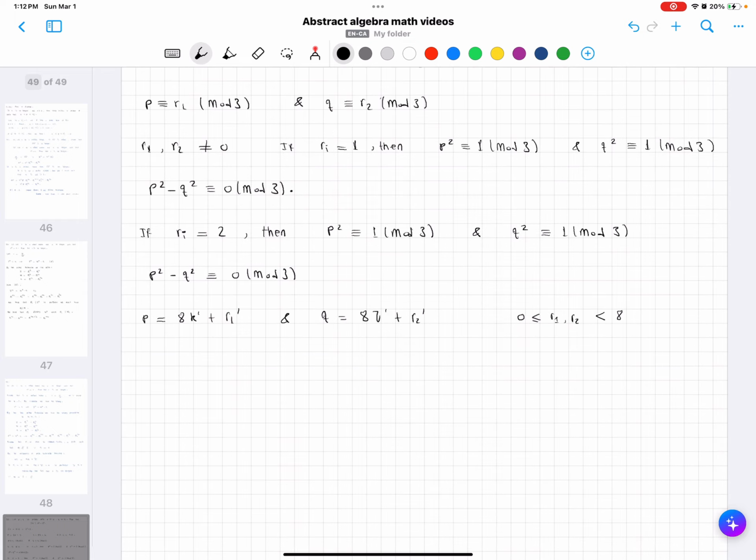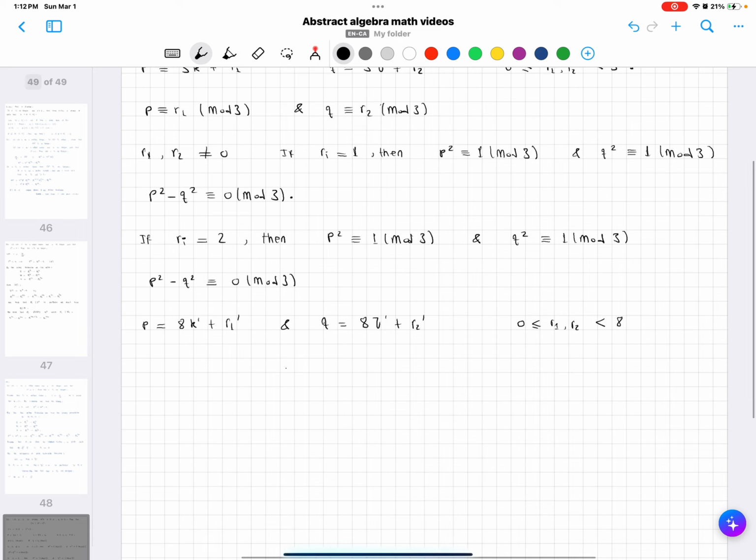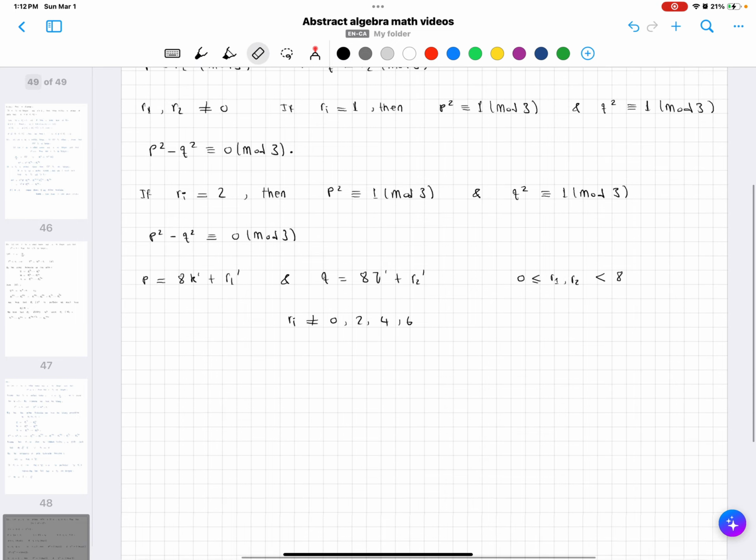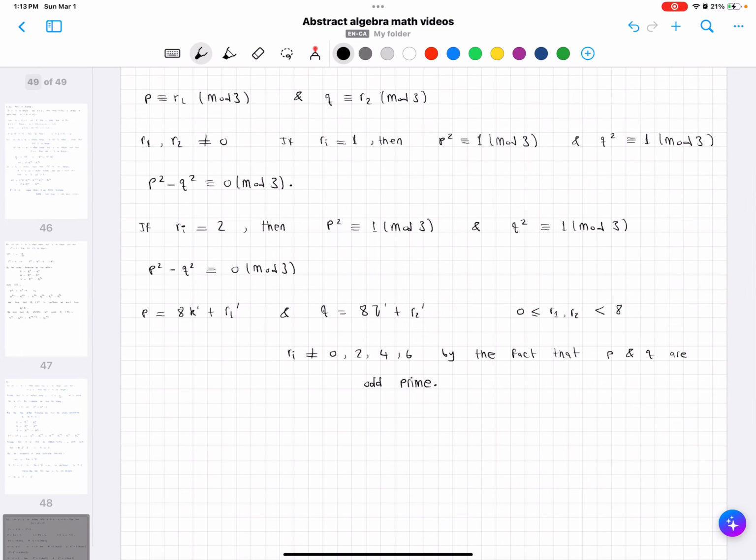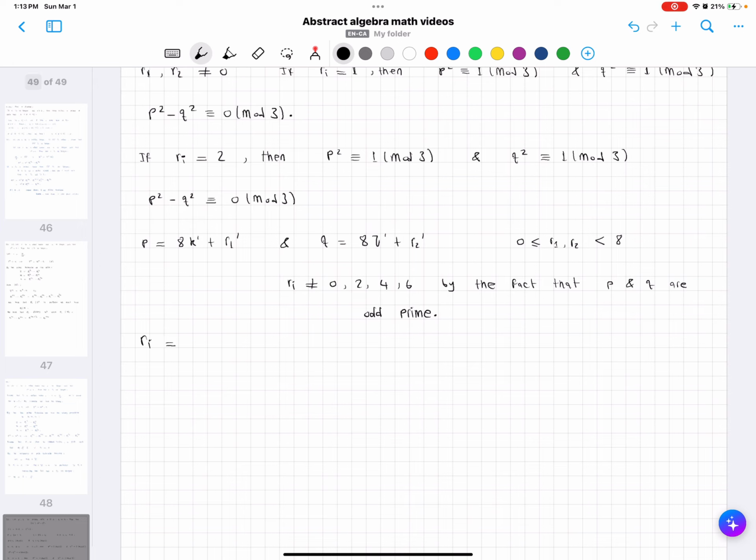As 8 is a multiple of 2, Ri is not equal to 0, 2, 4, 6, just by the fact that P and Q are odd primes. So what is left is Ri can equal 1, 3, 5, or 7.